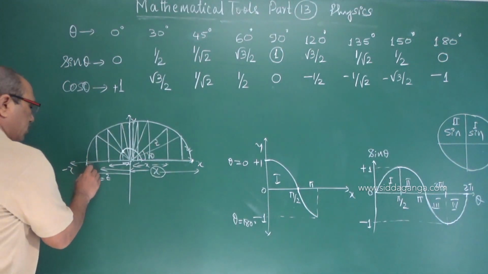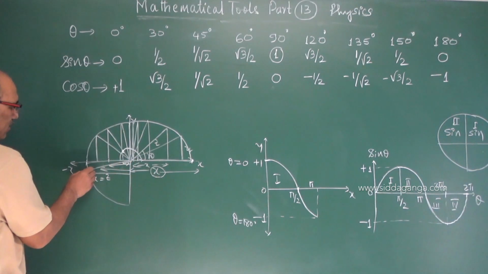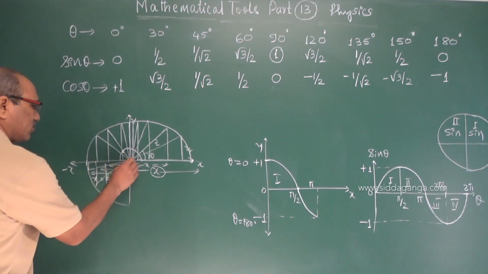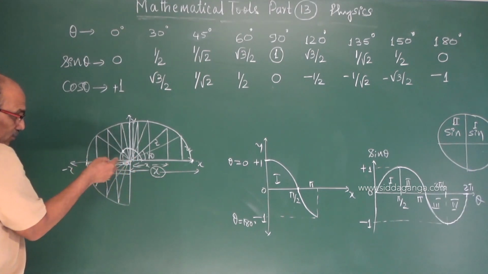Similarly, you go to the third quadrant. As the value goes on decreasing, you are seeing that x value is decreasing but still on the negative side.